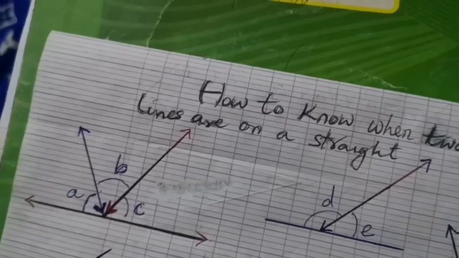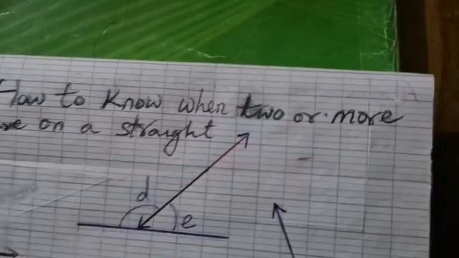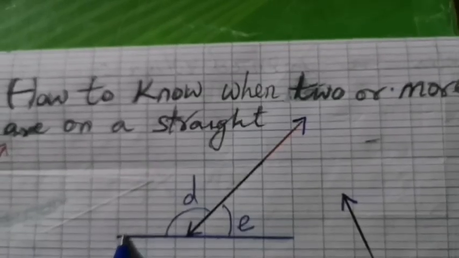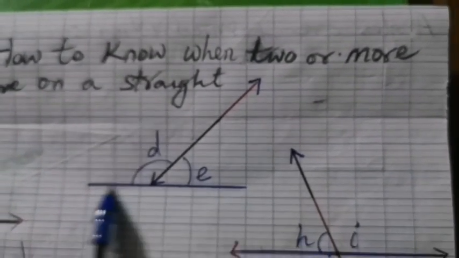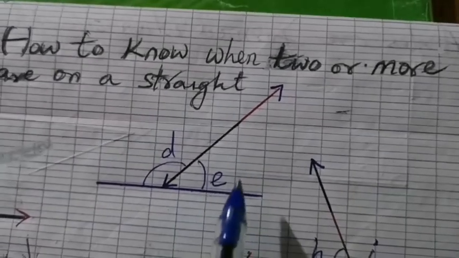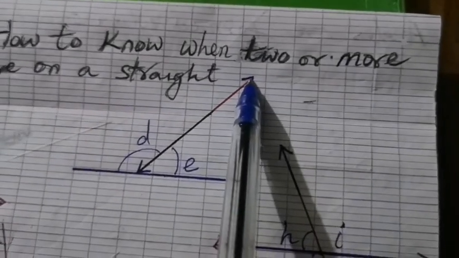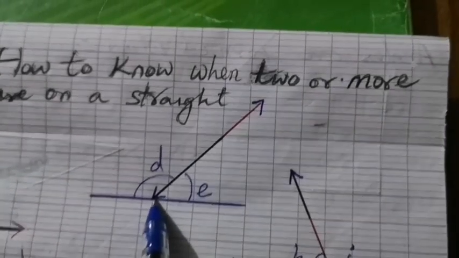Okay, now let's look at this one. Now this one, look at, we have a baseline. Look at it here. This line is the baseline, and this line also actually meets on this baseline here.